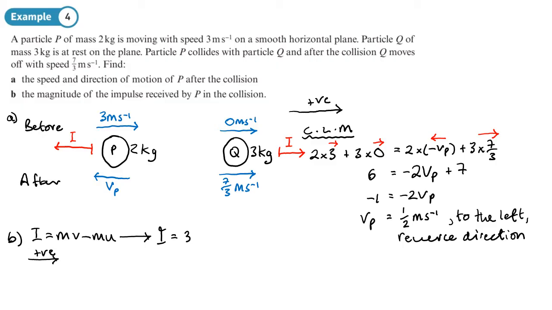So mass 3 times the velocity afterwards, which is 7/3, minus the mass times the velocity before. So I get an impulse of 7 Newton seconds. So I'll just underline that and underline that bit there.